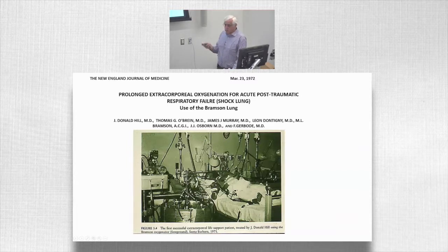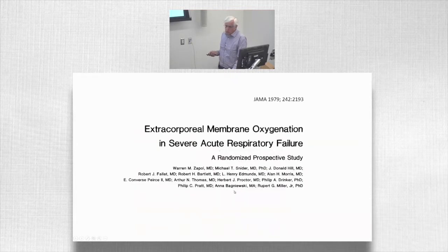Now, when you develop new technology, people use it, they publish case reports if they're successful, but at some stage you've got to produce something more convincing to get this device generally accepted. And this was the randomized trial of ECMO support for adult ARDS, published in JAMA in 1979.